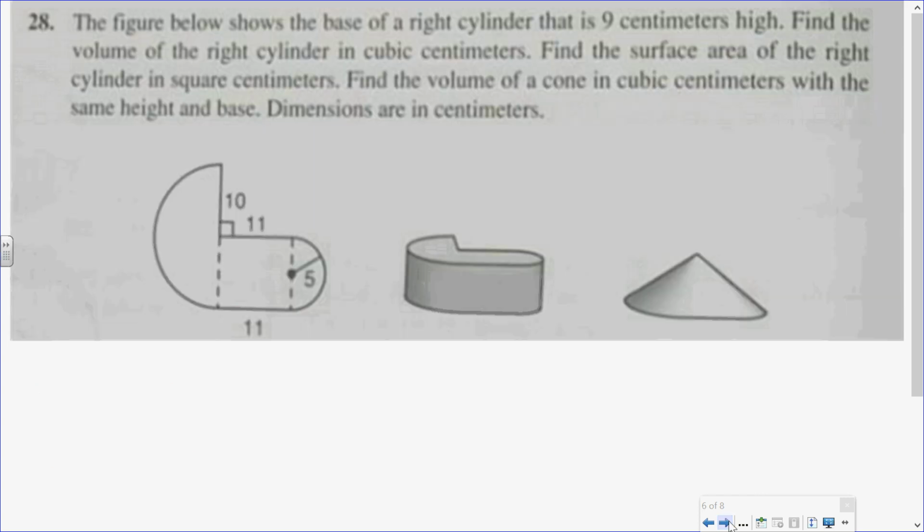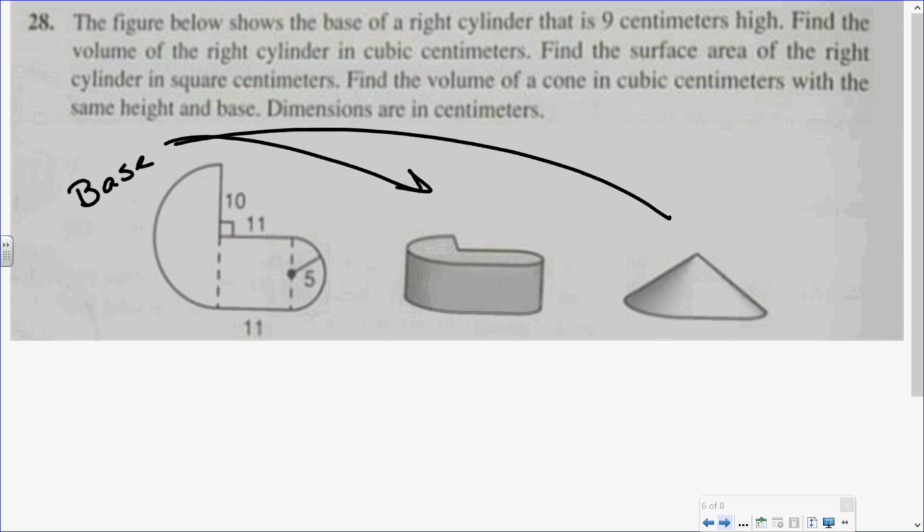So number 28 looks doggone confusing at first. They've got these 3 different pictures and a whole bunch of words, and we actually need to read the words of the problem. So let's see, what do they want us to do? Okay, so this is just the base of both of these shapes, it looks like. And let's see, the height of both of these is 9 centimeters.